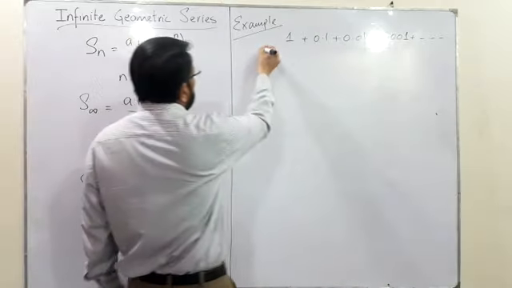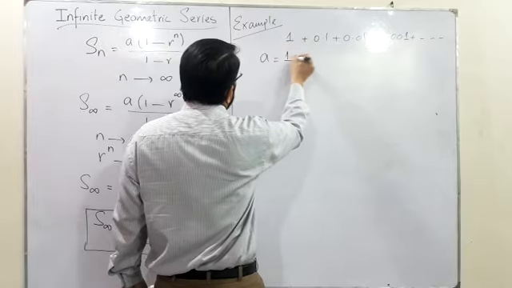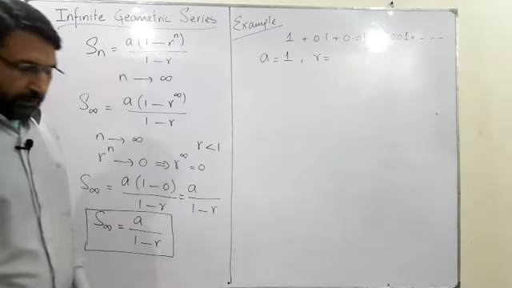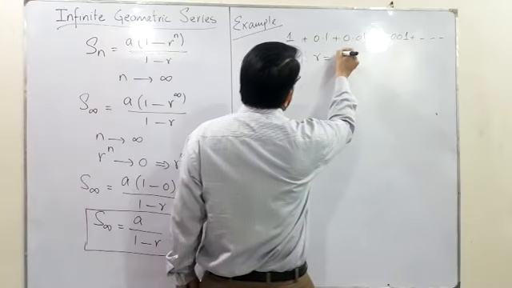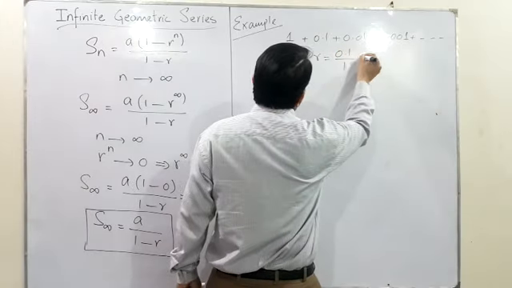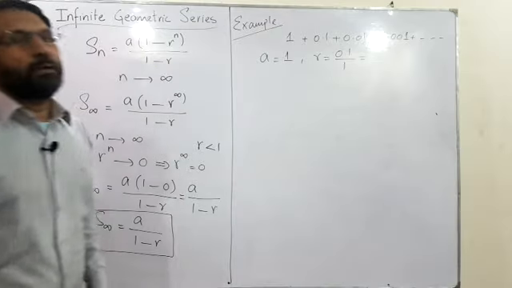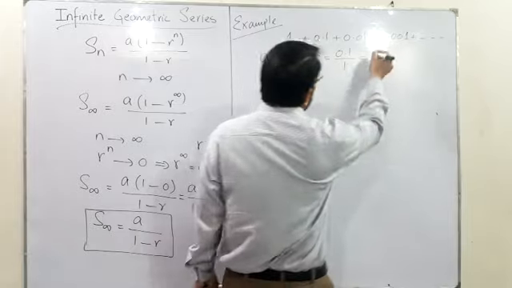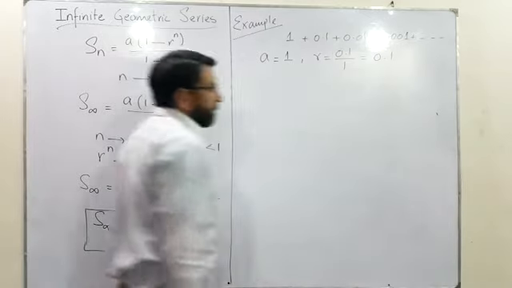Now here we see a equals 1, and the common ratio in the geometric series we can find by using the second term divided by the first term, or the third term divided by the second term, or the ratio of any consecutive terms. So this is going to be 0.1.